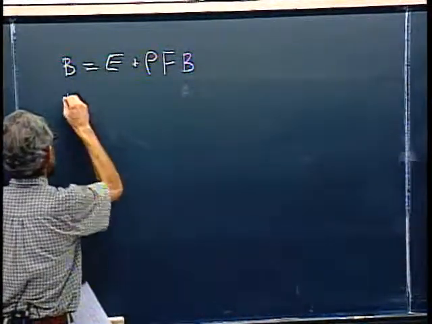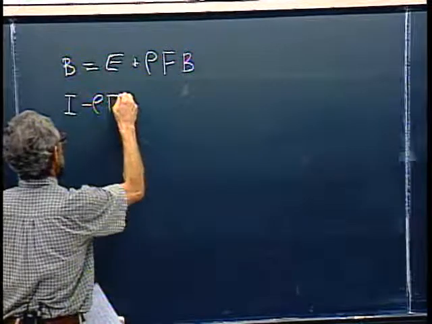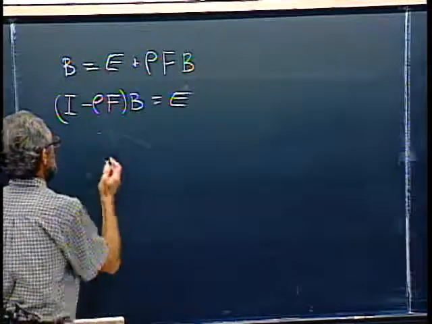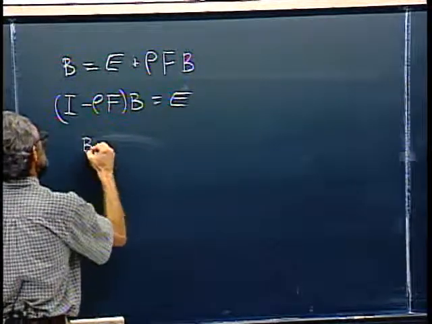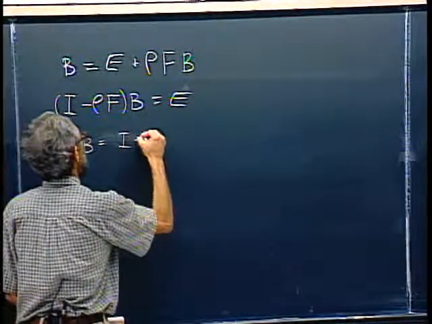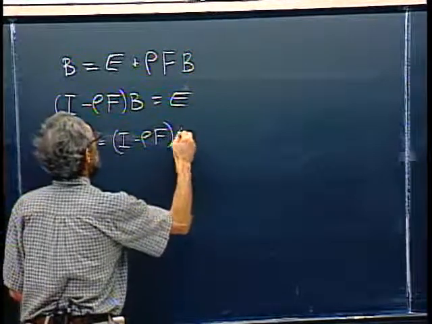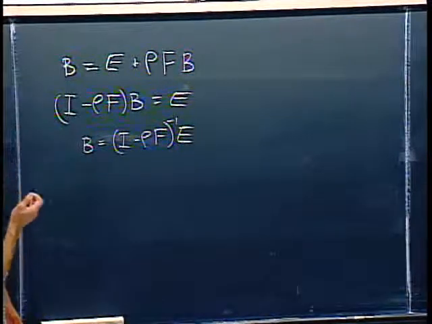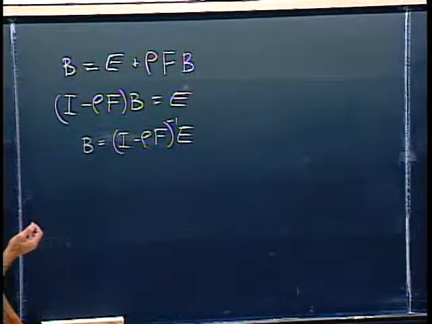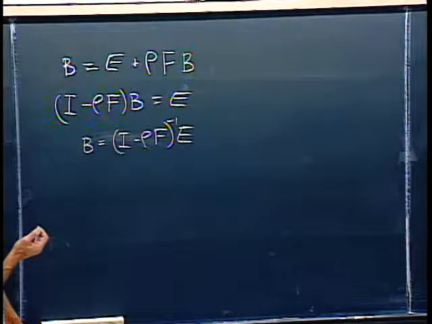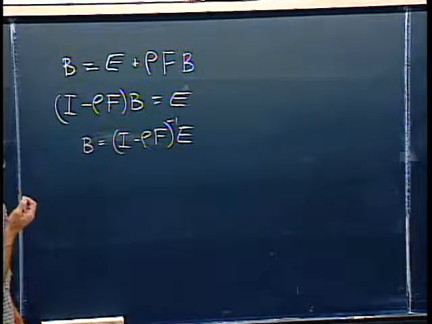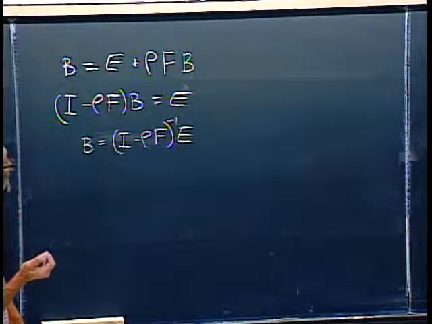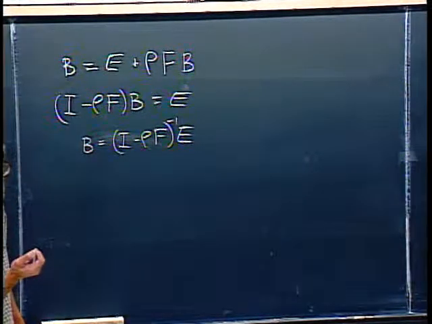The identity matrix minus row F multiplied by B equals E. And so in this system of linear equations, B is just the identity minus row F inverse multiplied by E. Or you could use any other method of solving linear equations that maybe was iterative or Gaussian elimination that didn't specifically require you to compute the inverse as part of the solution. So it's just a set of linear equations.